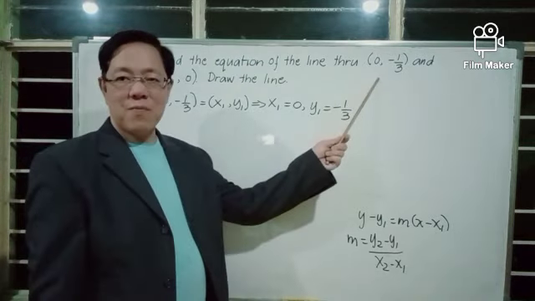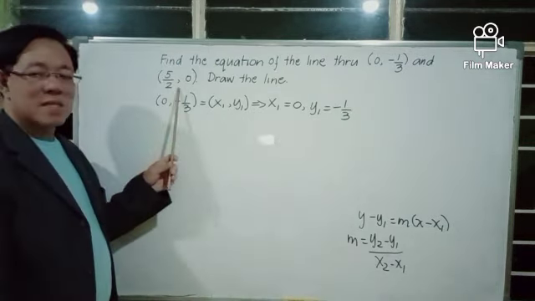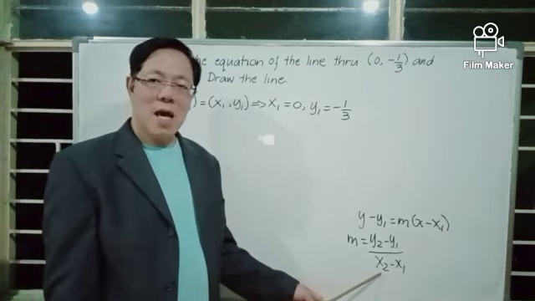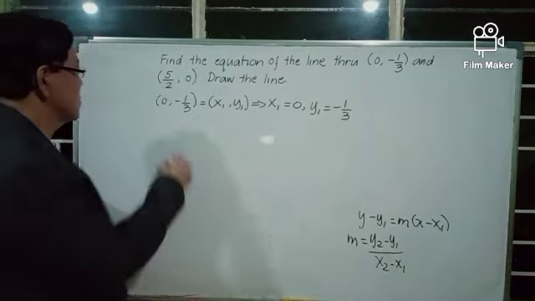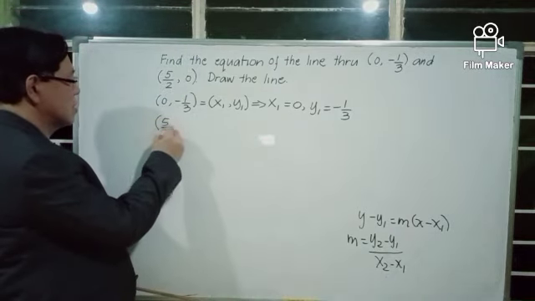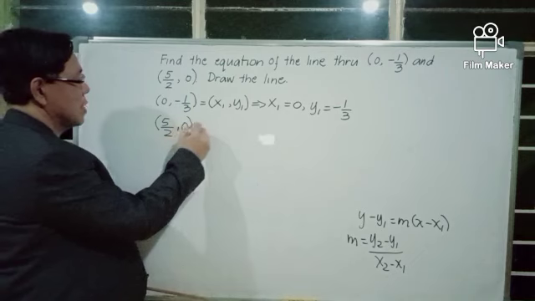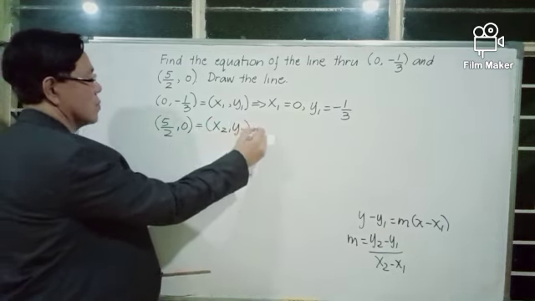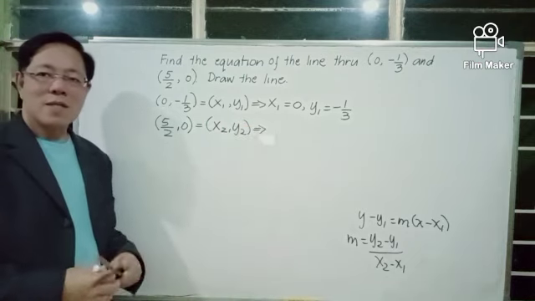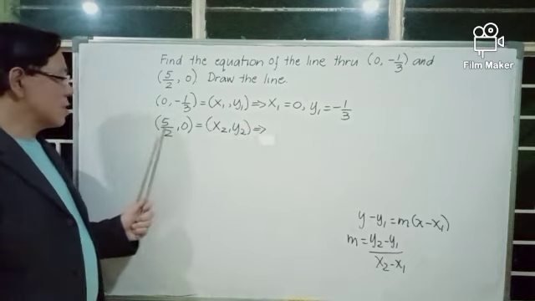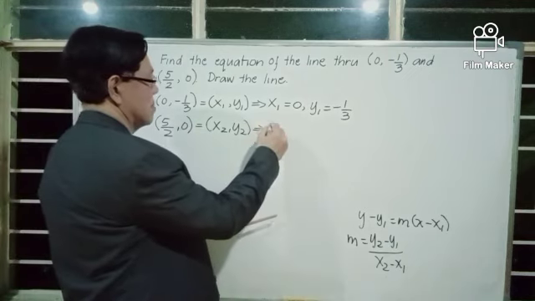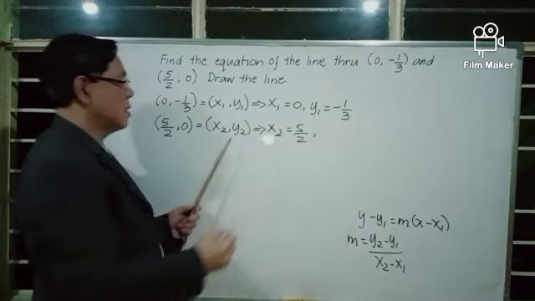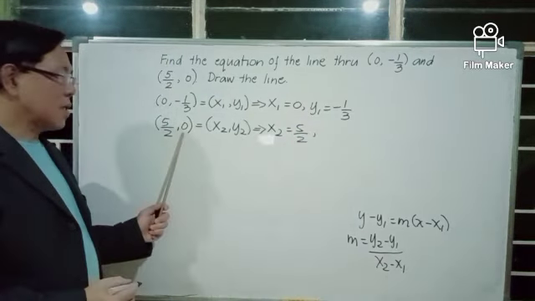And if this is our first point, then it means that 5/2, 0 will be our second point with coordinates x2, y2. And this implies that x2 is 5/2. Our ordinate y2 is 0.